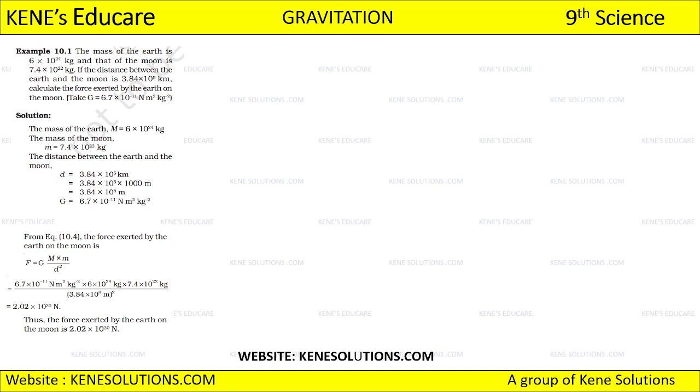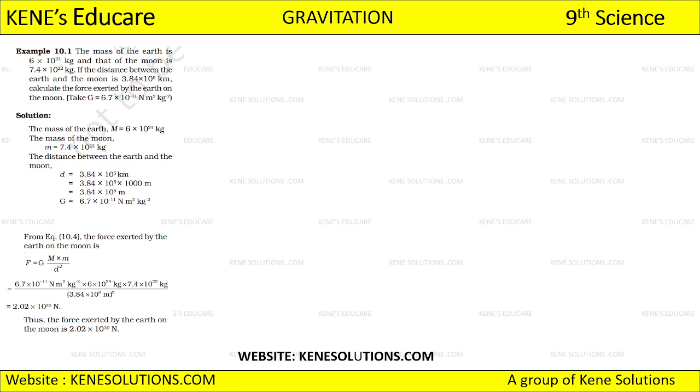So we have to use the formula. The mass of the earth, capital M, is 6 into 10 raised to 24 kg. Then the mass of the moon is small m, that is 7.4 into 10 raised to 22 kg again.